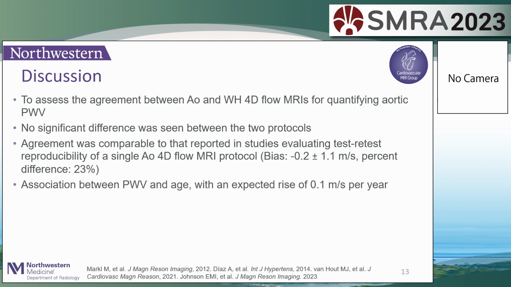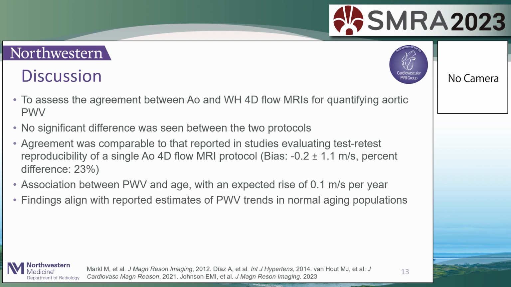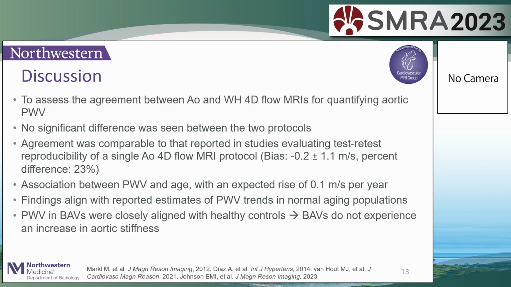In addition, the association between pulse velocity and age was similar in both protocols with an expected rise of 0.1 meter per second per year. And these findings align with prior reported estimates of pulse velocity trends in normal aging populations. And finally, pulse velocity in BAVs was closely aligned with healthy controls, which is consistent with growing evidence indicating that BAVs do not experience an increase in aortic stiffness.